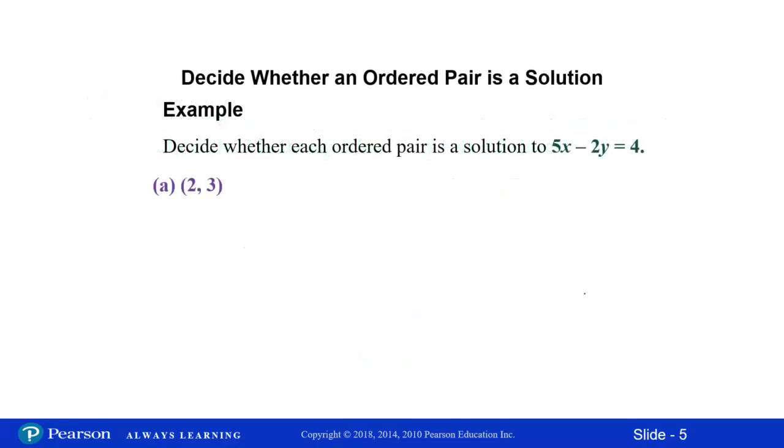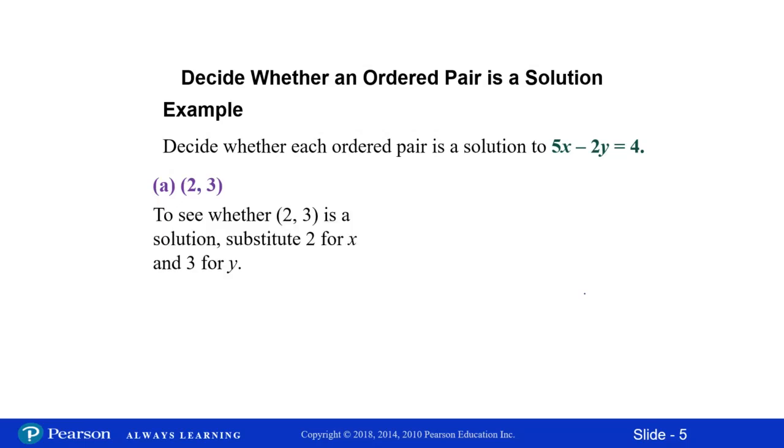Here's another example. This time the equation is 5x minus 2y equals 4. First, we're going to try the ordered pair 2, 3. Remember, what you will replace your x by is your first number. x will be your 2 and y will be your 3. So to see whether 2, 3 is a solution, let's substitute 2 for x and 3 for y.